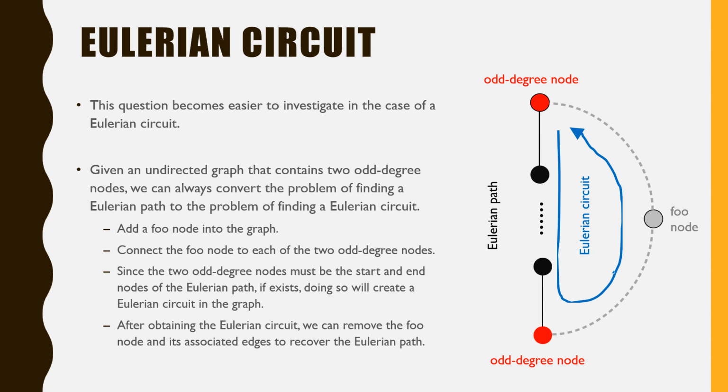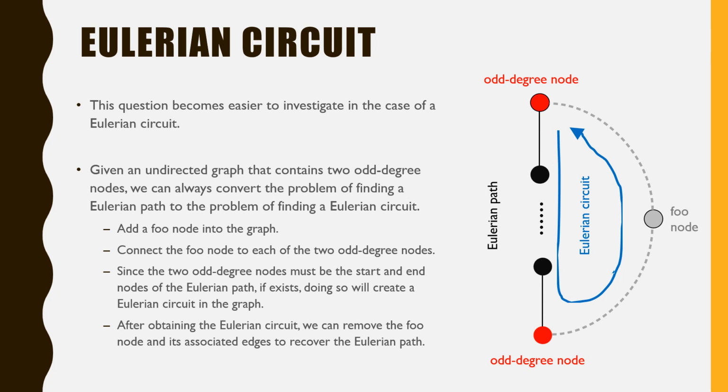In this case, if a Eulerian path exists in the original graph, it must correspond to a Eulerian circuit in the modified graph. For example, suppose that the black path is a Eulerian path in the original graph. Then there exists a Eulerian circuit that includes the new node, as indicated by the blue arrow, in the modified graph. Thus, we solve the Eulerian circuit problem on the modified graph.